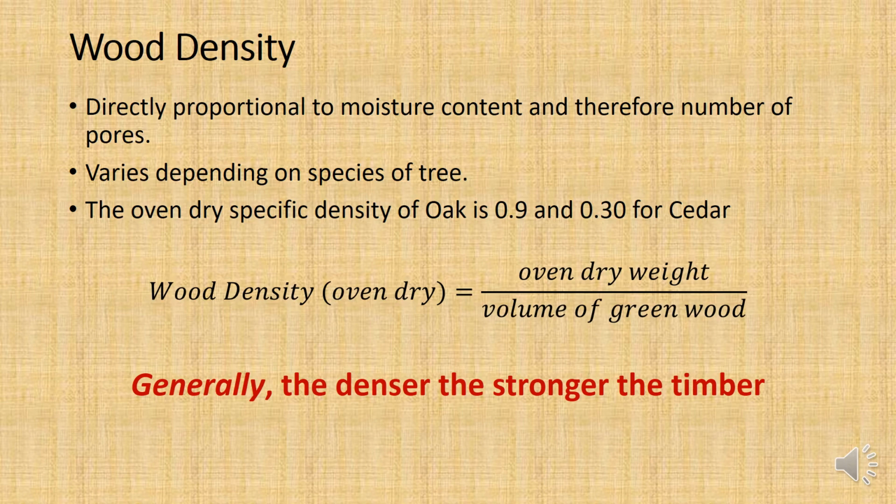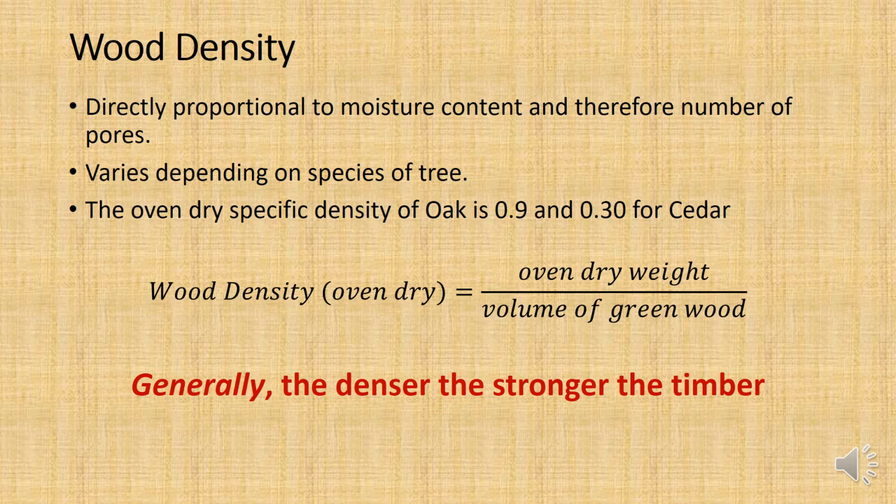Now, the way we measure wood density is that density is basically mass over volume. But this is something quite important. The way we measure wood density is, the mass we take from the oven dry weight of the wood.